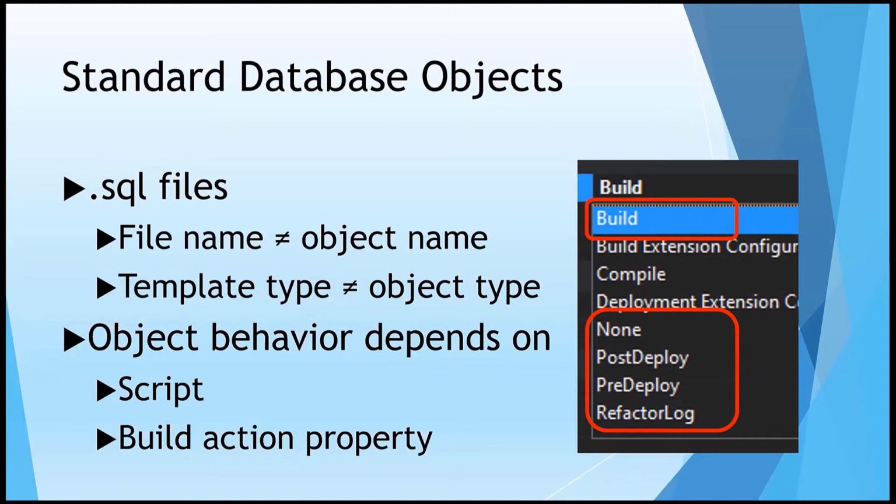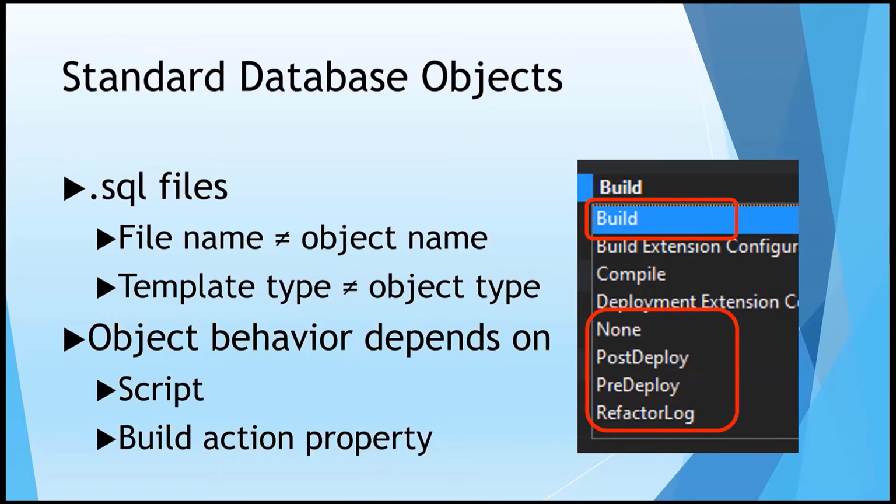You can change the file name in the script through the interface. You can change the object name in the script or using the refactor option. And they do not have to stay synced up. And it's the object name that's really important.